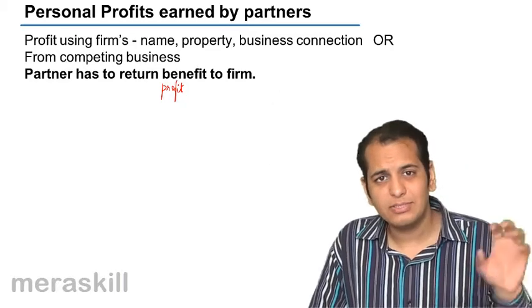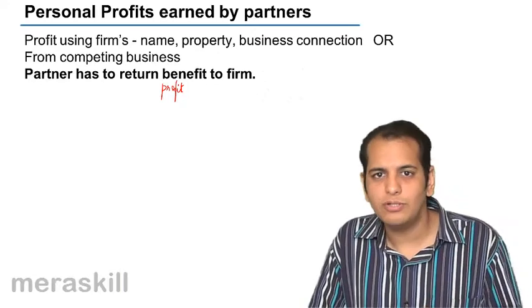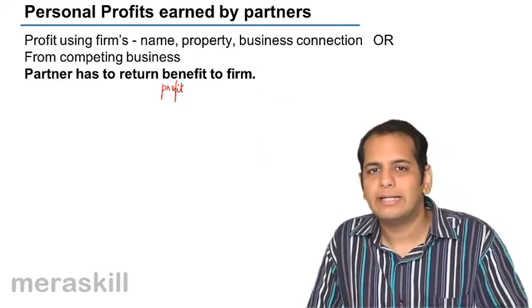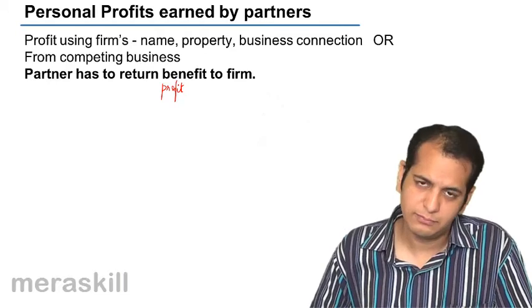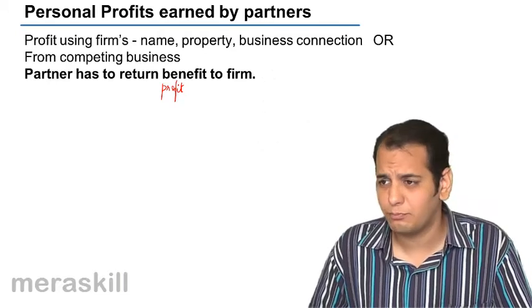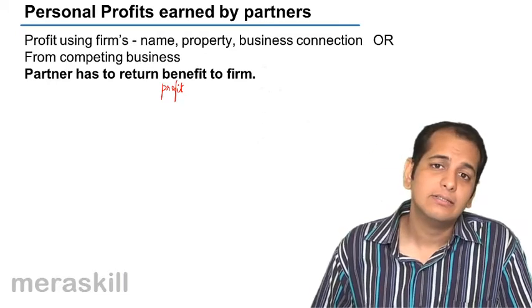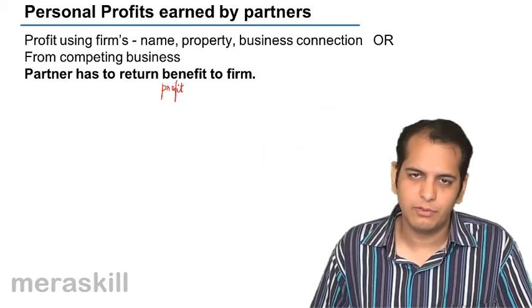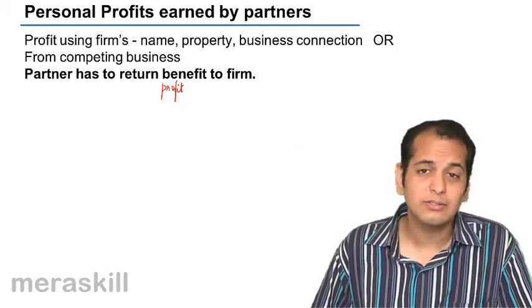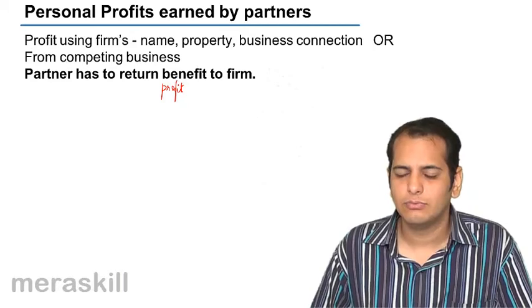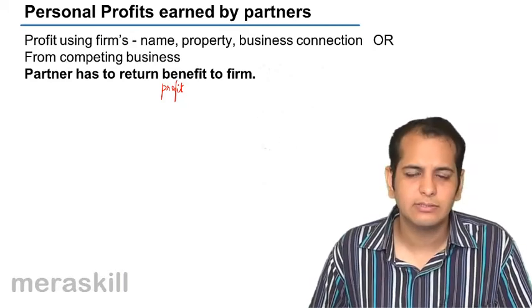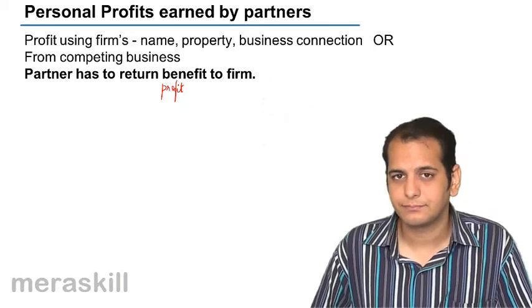So whenever a person gets into partnership, it is his moral duty not to do any competing business with the firm. And if he does and he makes profit, he's supposed to give that profit to the firm. He's supposed to return the benefit to the firm. So what do you think would be the case if he makes loss?